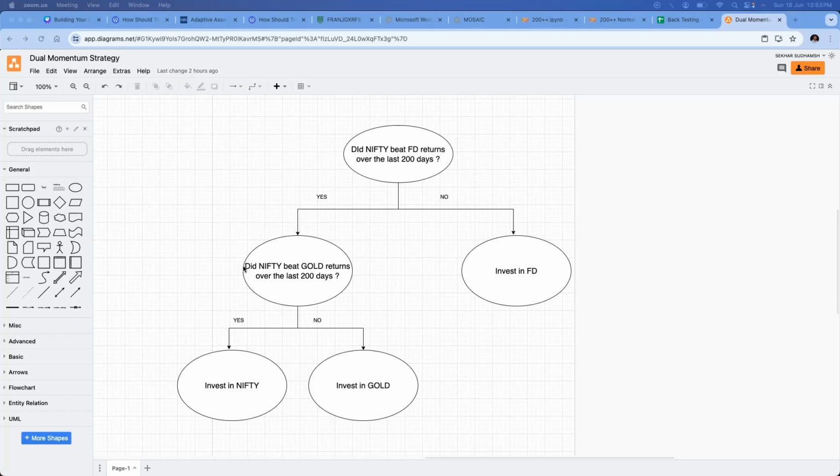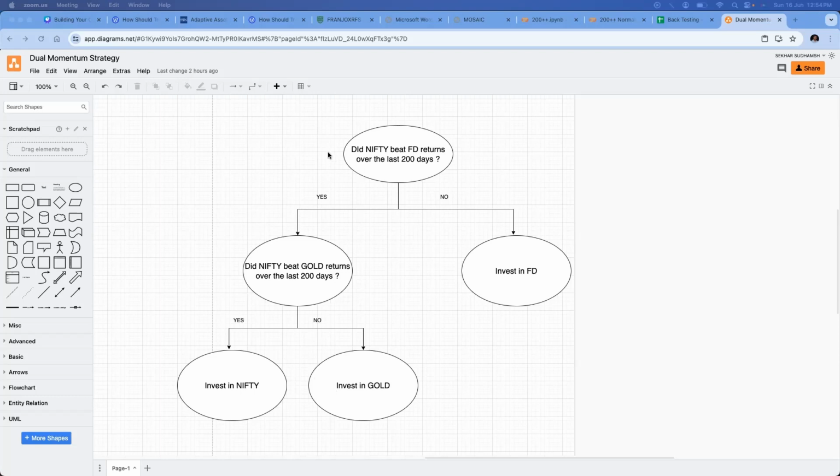If Nifty indeed overperformed gold in the last 200 days in terms of returns, then we go ahead and invest in Nifty. If Nifty did not overperform gold in the last 200 days, then we just go ahead and invest in gold. That's the simple logic. So seemingly simple strategies actually give much better, superior results than complex strategies.